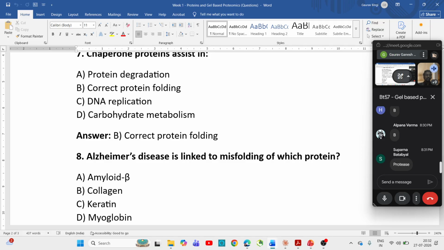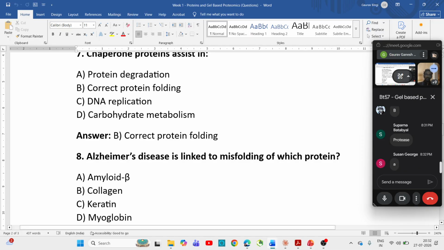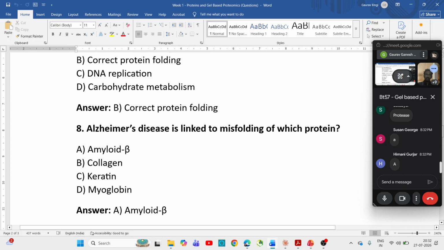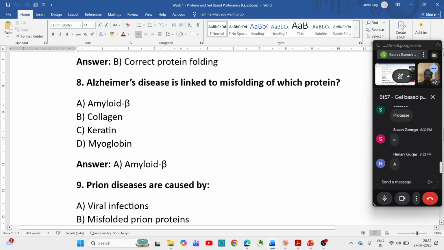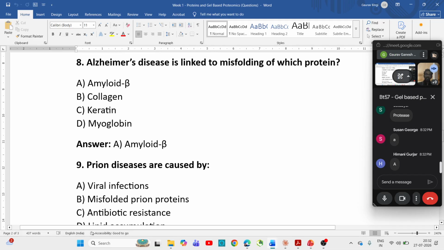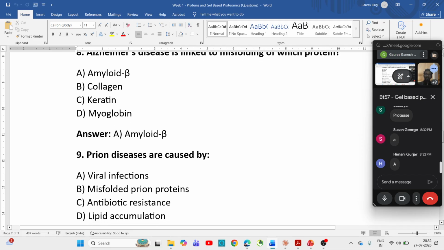If you know this answer, you can answer, or else I can reveal it. Yeah, it's MLRP. Prion diseases are caused by either viral infection, misfolded prion proteins, antibiotic resistance, or lipid accumulation.